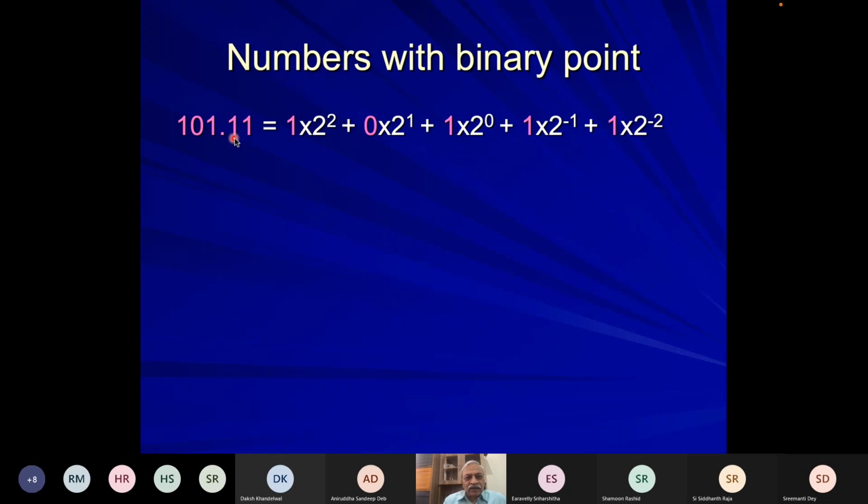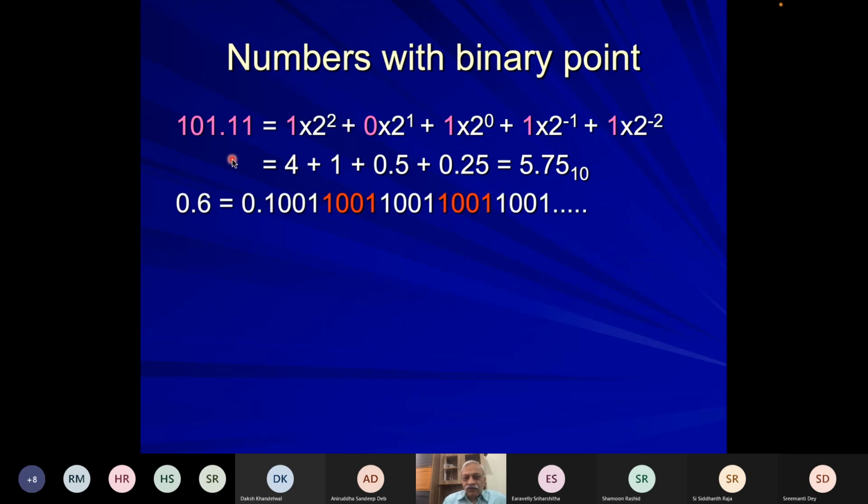And for the last two bits on the right side, it's 2 to the power minus 1 and 2 to the power minus 2. If you sum these, you can get the equivalent decimal value of a binary fraction like this with a fixed point. You can do conversion the other way around also.